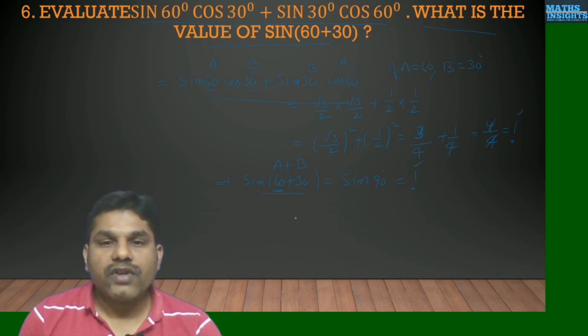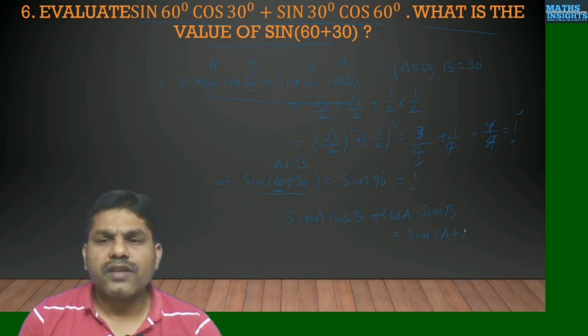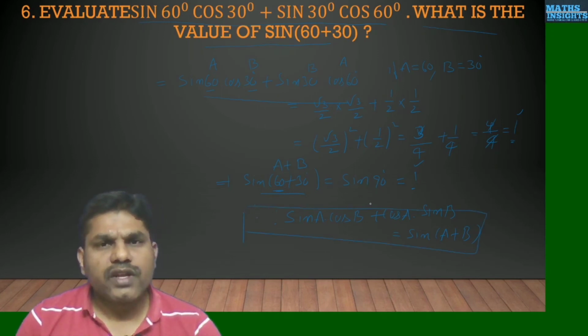Therefore I will conclude that sin A into cos B plus cos A into sin B is equal to sin A plus B. This is a very important formula. You have to remember it forever to solve problems in trigonometry. Okay, you will go to the next problem.